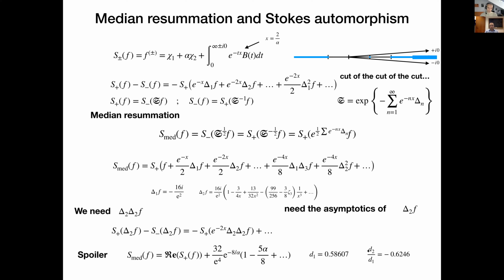So if you use this median resummation, then you will see that there is a correction at e to the minus 8 over alpha, and then we could calculate these first three coefficients by fitting the asymptotics of the asymptotics, basically to be 1, I mean 32 over e to the 4, and then the ratio was 5 over 8. And then if you compare these quantities with what we already calculated from the numerics, you will see they completely agree. So that's what we did.